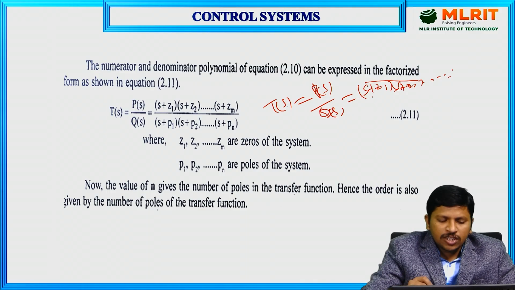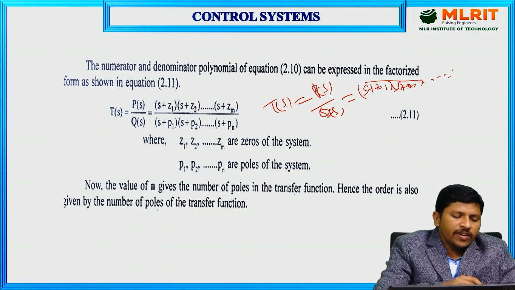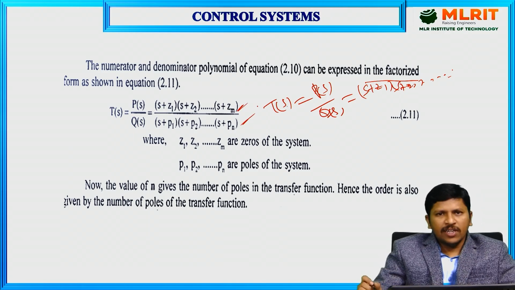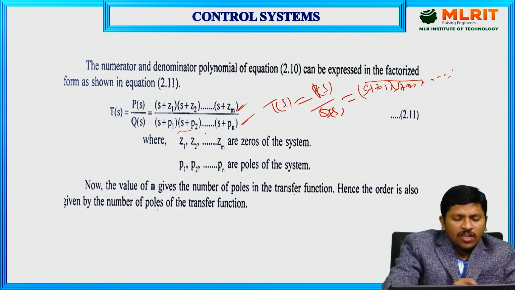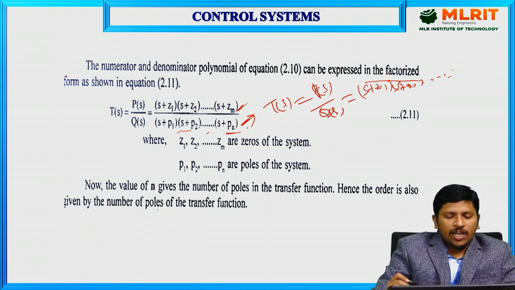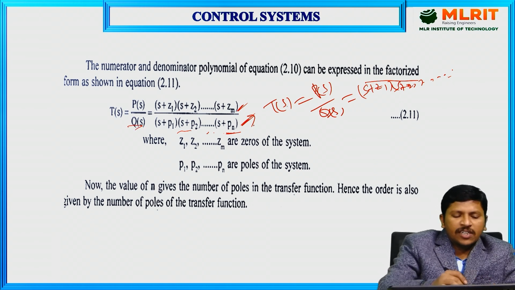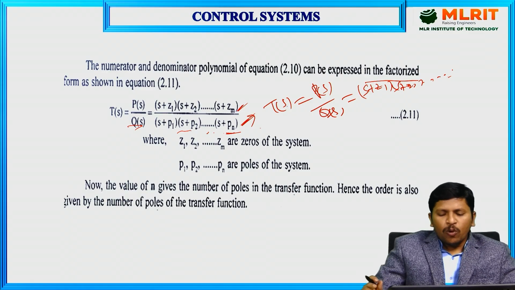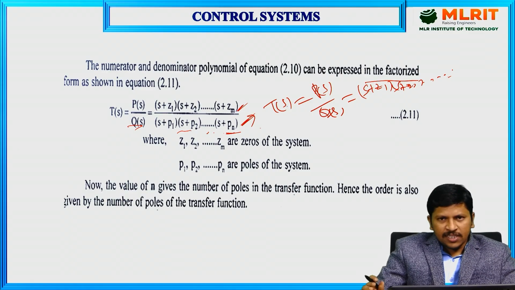Zeros of the system: s plus z1, z2, and so on up to zm, are the m terms in the numerator, and there are n terms in the denominator: s plus p1, s plus p2, and so on up to s plus pn. This is the denominator polynomial. The denominator polynomial of the transfer function indicates the poles of the system, and the poles also give information about the order.